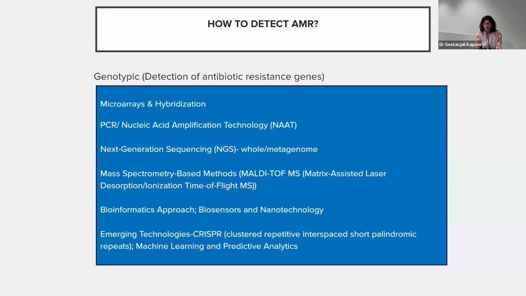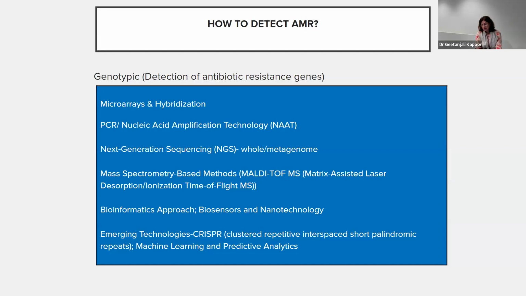Otherwise, they can also just do a simple PCR. PCR, we all know, is basically amplifying the nucleic acid, also called NAATs, the nucleic acid amplification techniques. That used to be done even many, many years back, and is still being done.